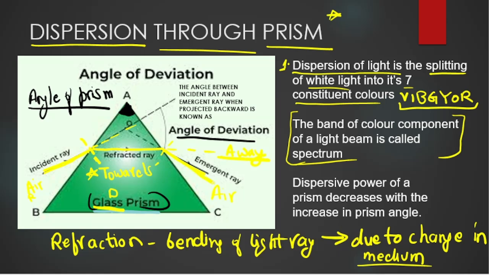Why? Because denser to rarer medium, away from the normal. Rarer to denser medium, towards the normal. Okay? I hope this is clear. So you can see twice the refraction took place. Refraction took place twice. And this is how the ray passes.